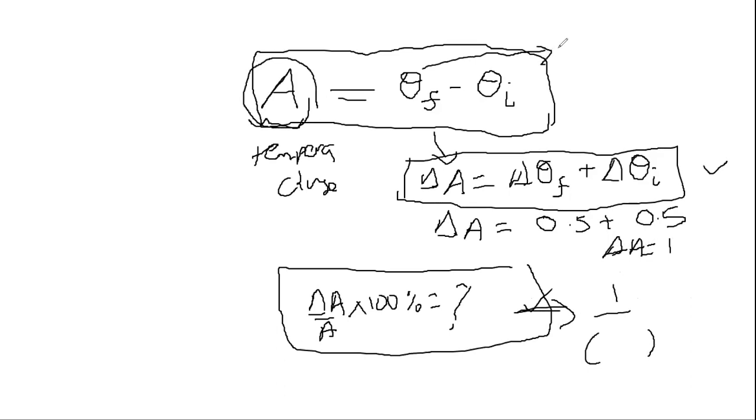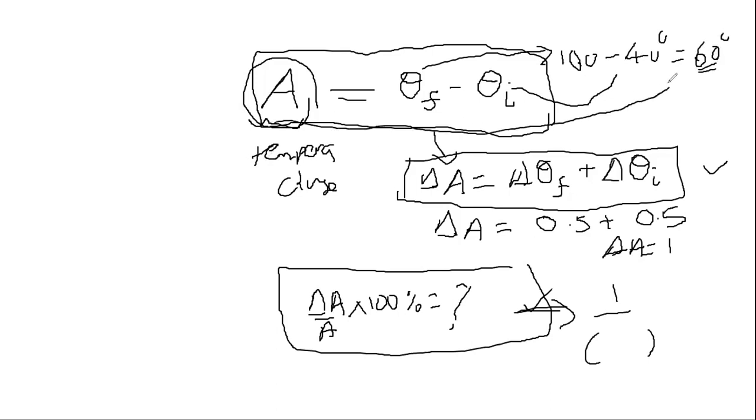The final temperature is 100, the initial is 40, so the temperature difference is 60. That's your A. So 1 over 60 times 100% is your final answer. How much do you get? 1.7%.